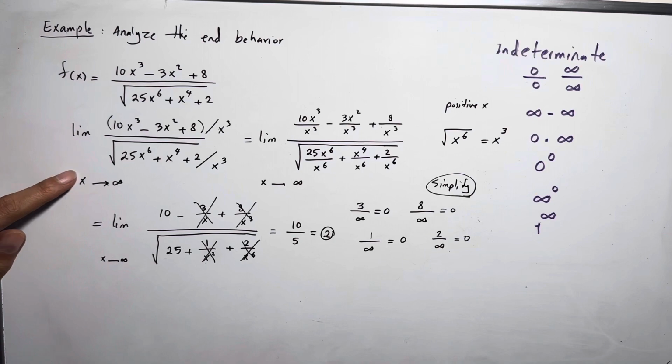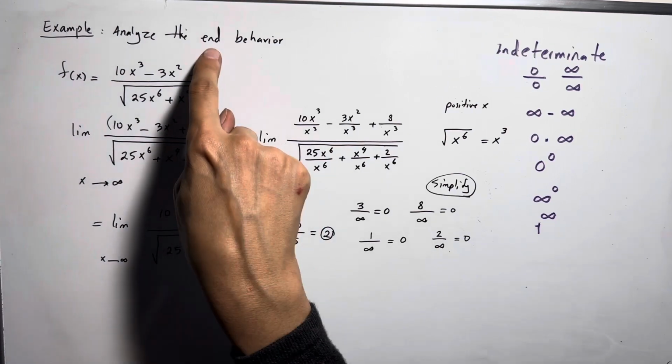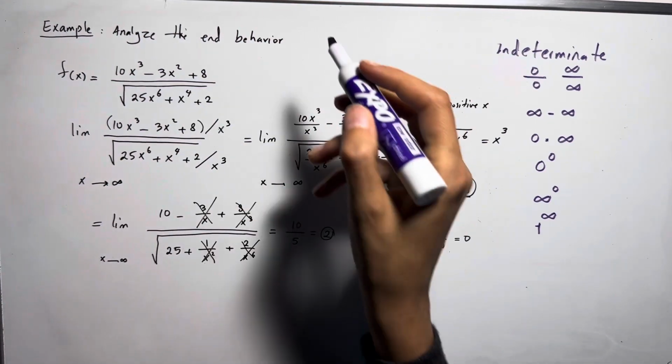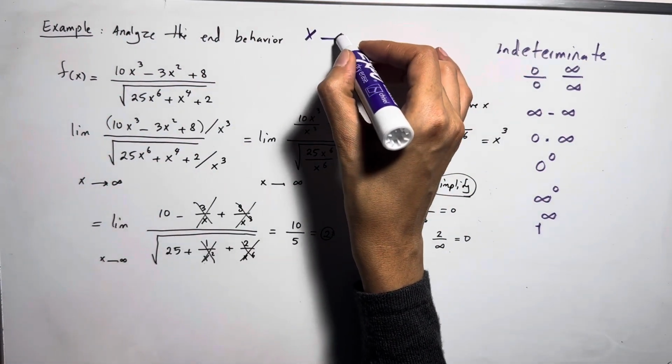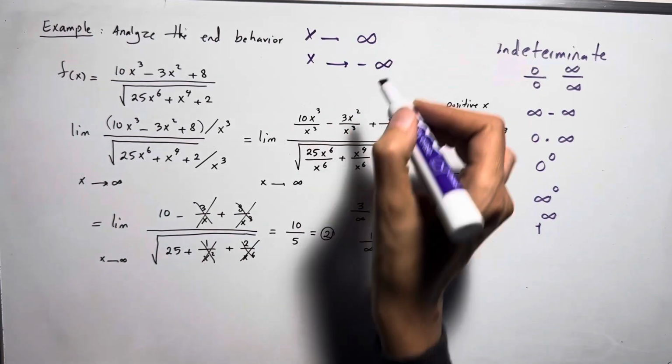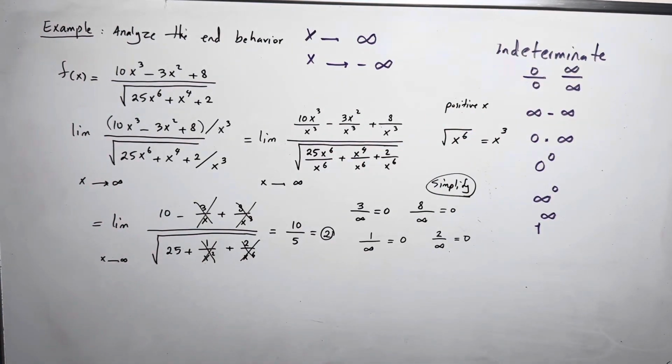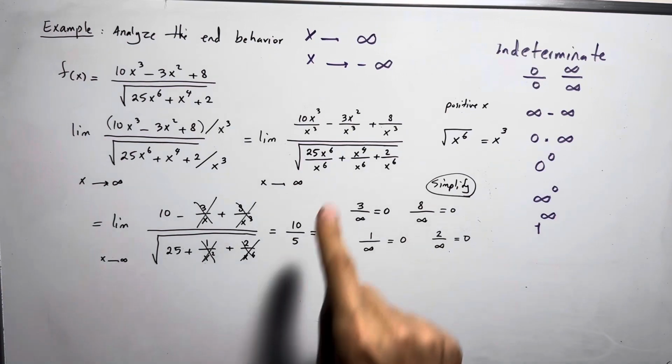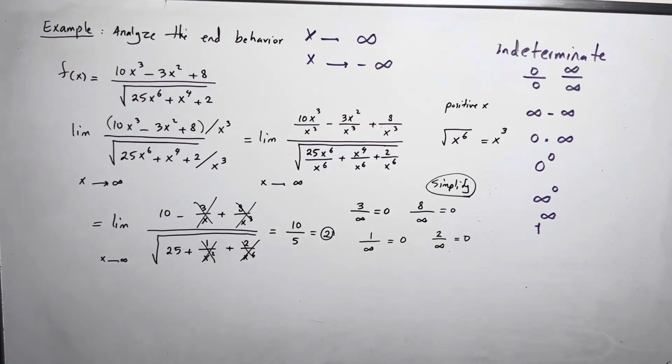Now we need to find the limit of the function as x goes to negative infinity. When we are talking about end behavior, we are asking what is the limit as x goes to positive infinity and what is the limit as x goes to negative infinity. So let us take a look at the limit as x goes to negative infinity.